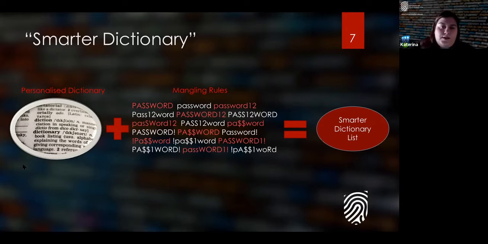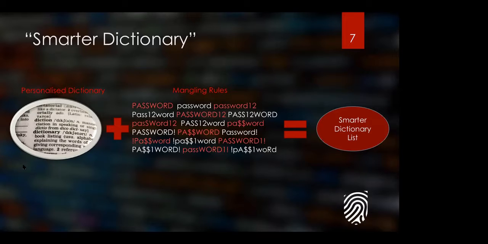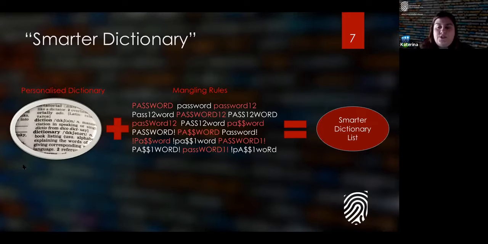So instead of my password, instead of same password, they're using my password, or adding numbers at the end of the password. There are many different rules, and previous passwords can show us the tendency users have towards specific type of rules.